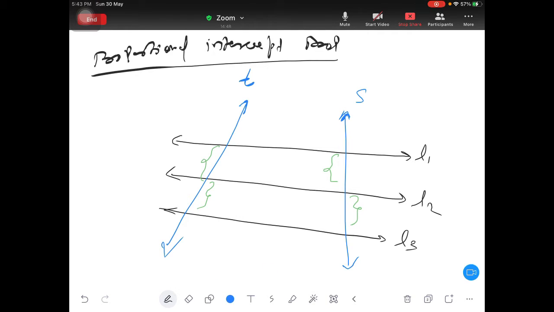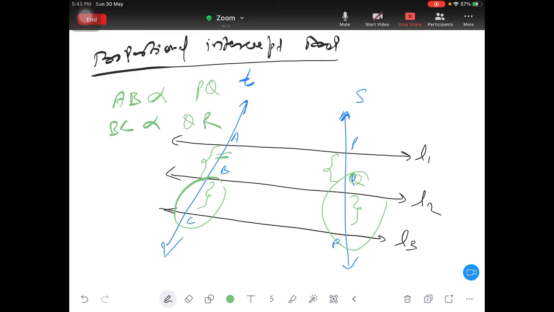So if I give the names A, B, C, P, Q, R, then this total length AB is proportional to PQ, and this sign is called the proportional sign, and BC is proportional to QR.